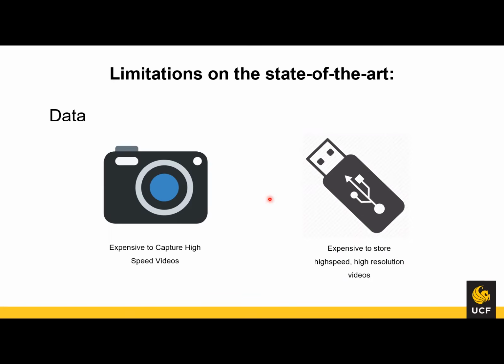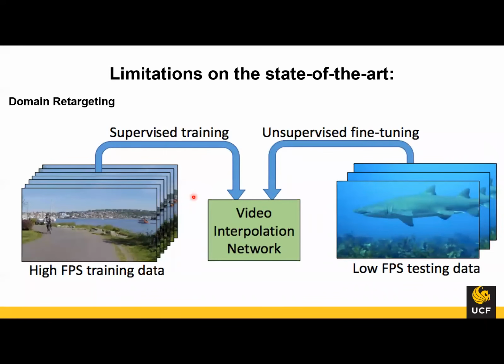Another limitation is domain retargeting. Say you train your network on high frame rate data of this road that's in front of an ocean, and you pass in, say, low resolution data of a shark in an ocean. That's going to have difficulty interpolating because it's not trained for this type of domain. It's only trained for high frame rate domains with roads in front of oceans.